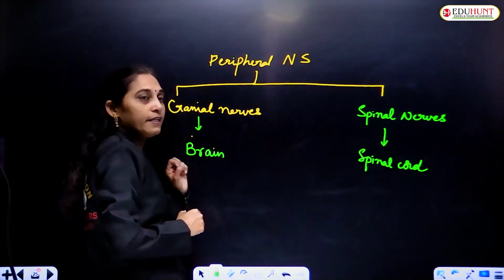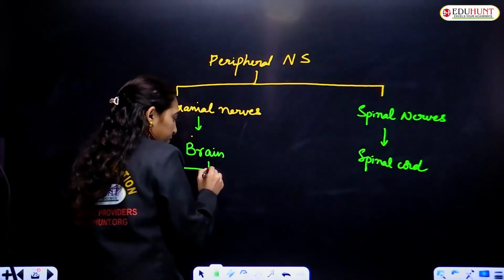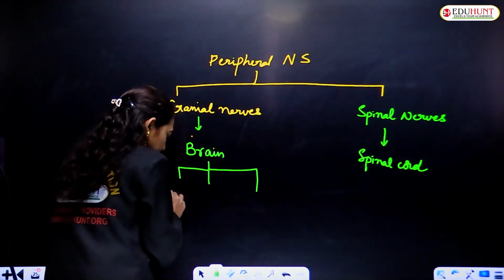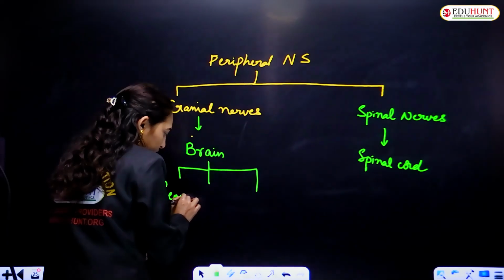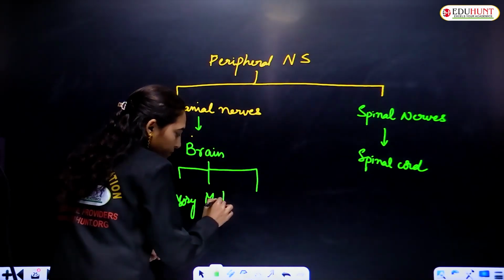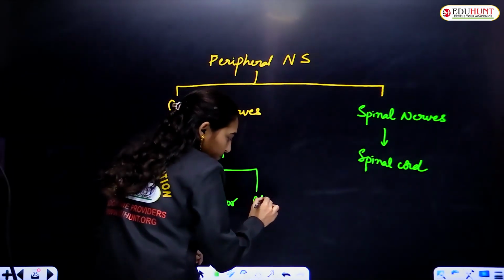And the cranial nerves which arise from the brain are of three types. These are sensory nerves, motor nerves, and mixed nerves.